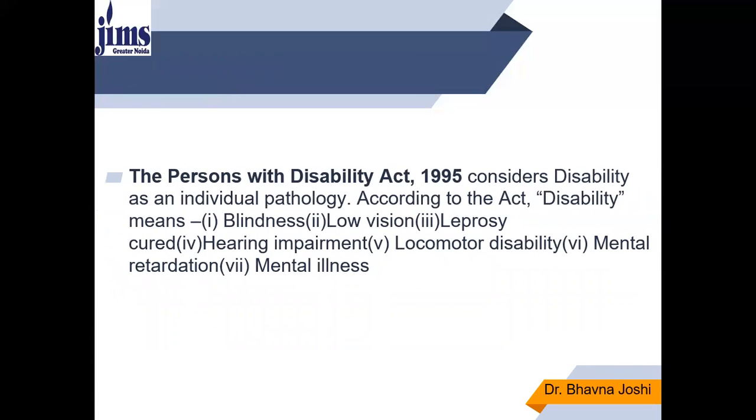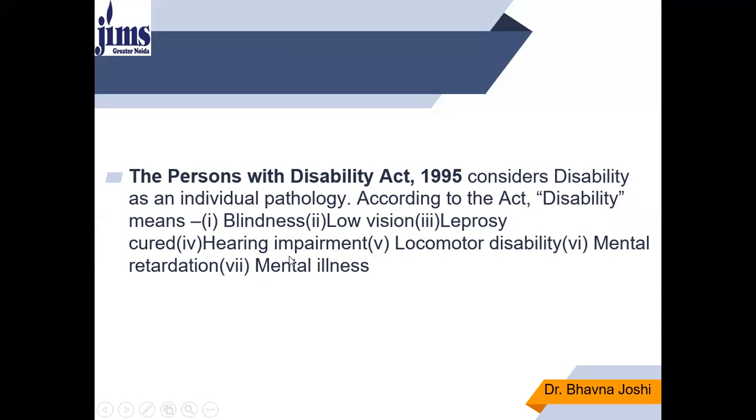Now coming to the topic. As per the Persons with Disability Act 1995, disability means any person who is suffering from blindness, low vision, leprosy-cured, hearing impairment, locomotor disability, mental retardation, or mental illness.